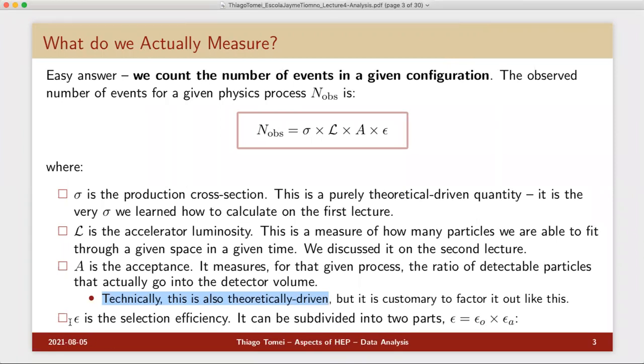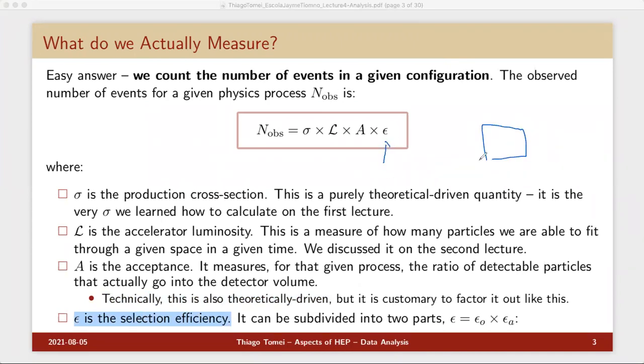And last but not least, there is the selection efficiency, which is essentially, given that this particle actually went into my detector, what is the probability of me actually reconstructing it as a particle that I can measure?